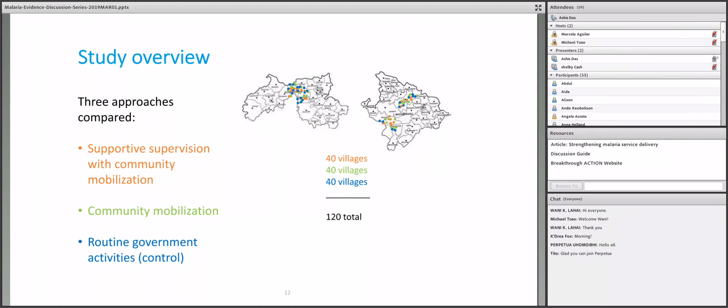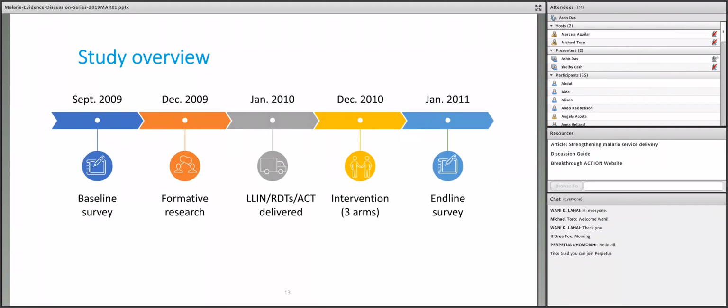Right, I have already spoken about this. So this is the chronology of events that took place during the course of the study. There was a baseline survey in September 2009 where the households in those villages were surveyed to assess their behavior related to malaria prevention and treatment related activities.